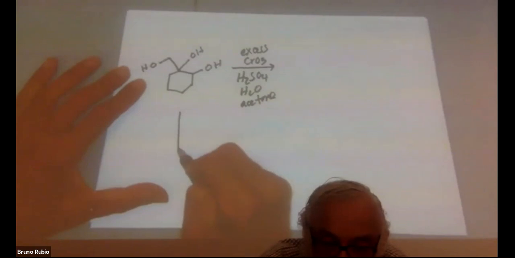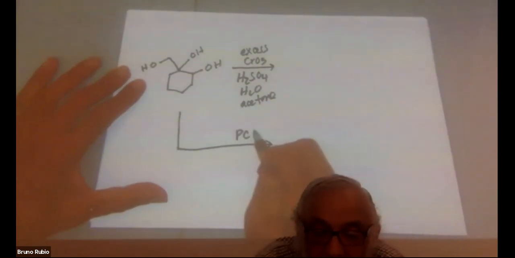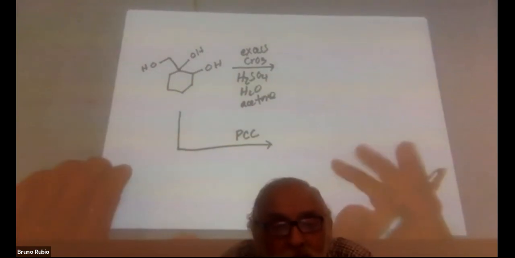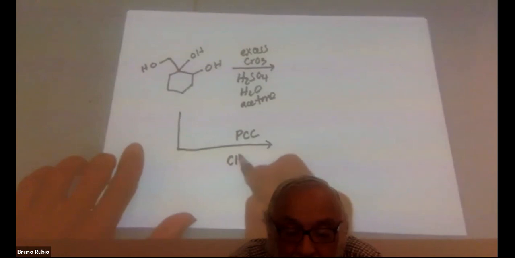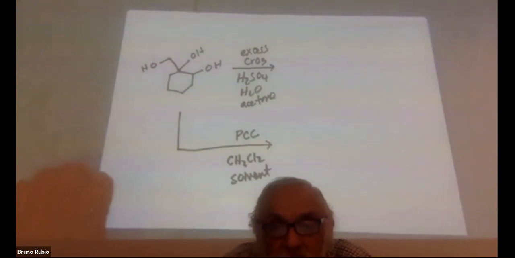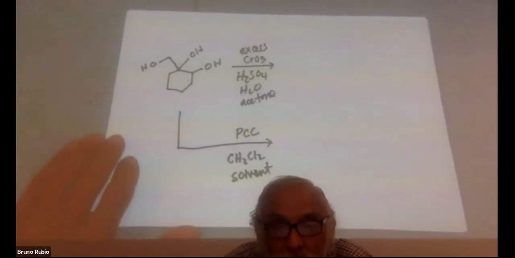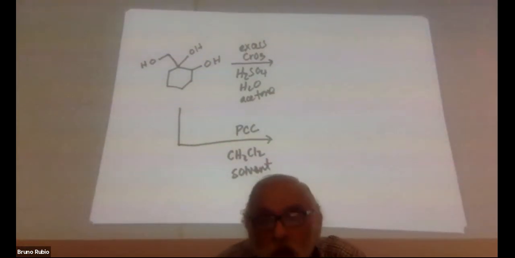And if I were to take this very same alcohol and react him with PCC, sometimes with PCC you see CH2Cl2, and that's kind of confusing. What exactly is that doing? But it's just the solvent. Okay, draw the structure of the product here.